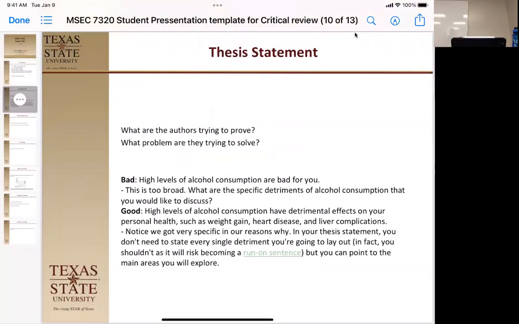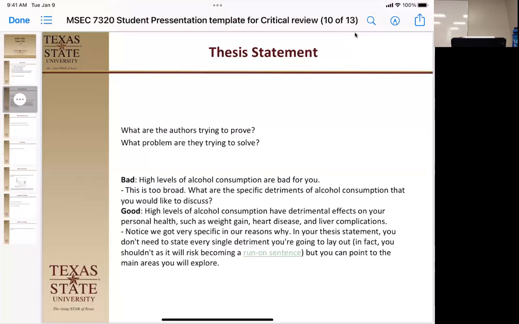I want you to produce a thesis statement of what the authors wanted to do, okay? You can usually find it in the introduction, usually in the last paragraph, but you're going to have to reword it, because our thesis statement has to be a little different. I gave two examples, a bad example and a good example of a thesis statement. What are they trying to prove?